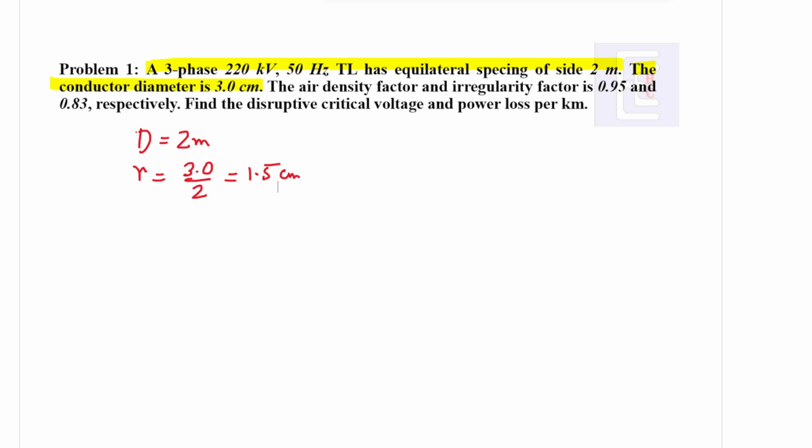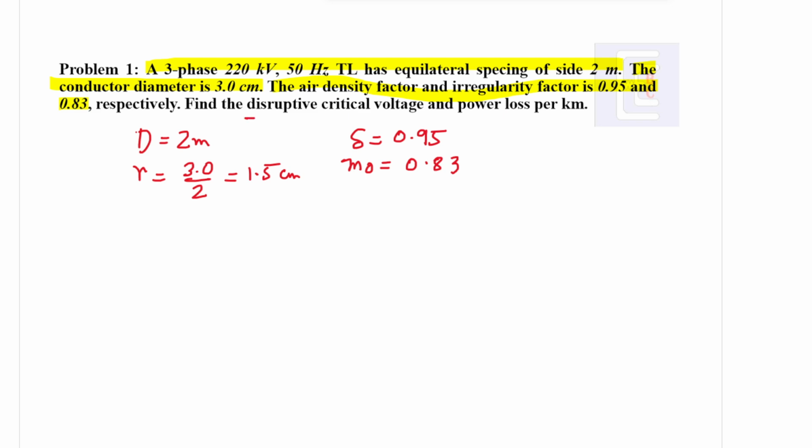What else is given? The air density factor delta and the irregularity factor are respectively 0.95 and 0.83. So the air density factor delta is 0.95 and the irregularity factor M0 is equal to 0.83.